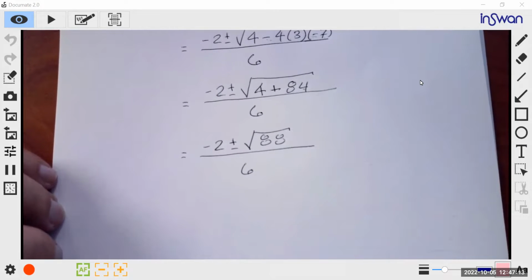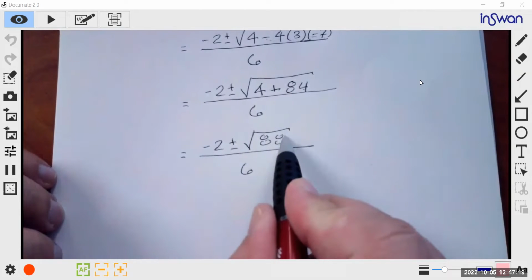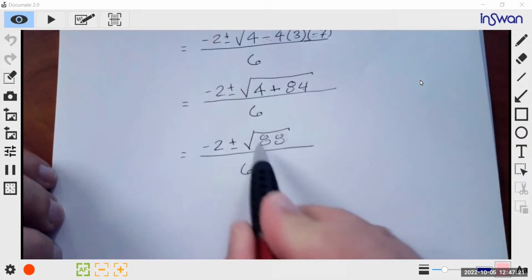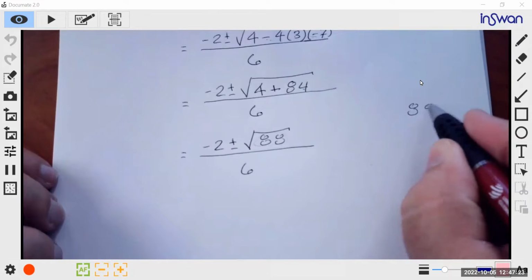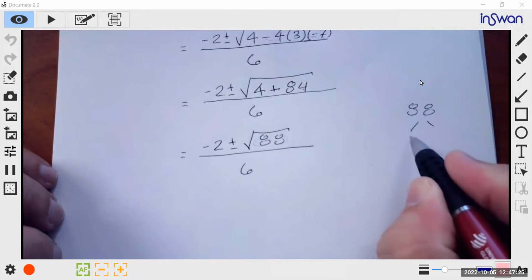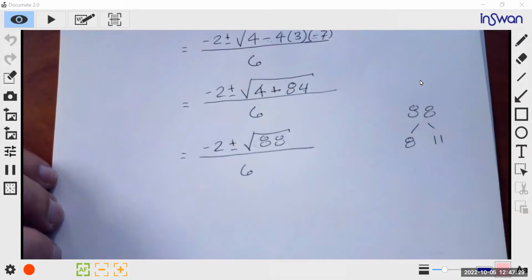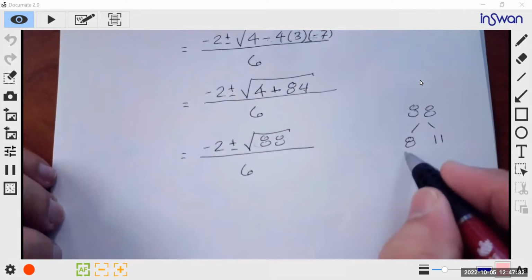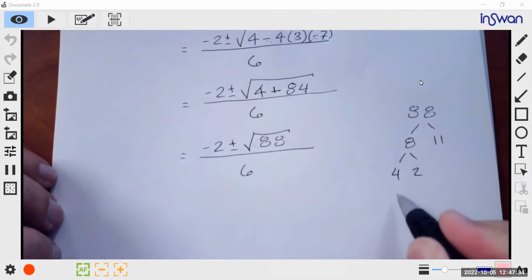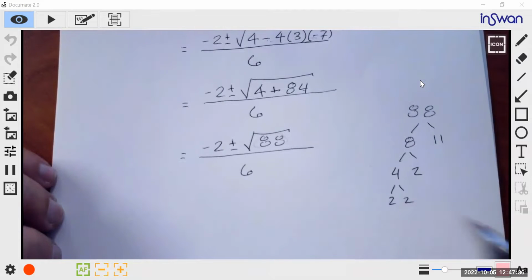Now what do you do? Look inside here. The only thing we can do right now is what can we do inside? What is 88 made up of? 8 times 11. 8 is made up of 4 times 2. We have a pair of 2s. So what can we do with that 2?